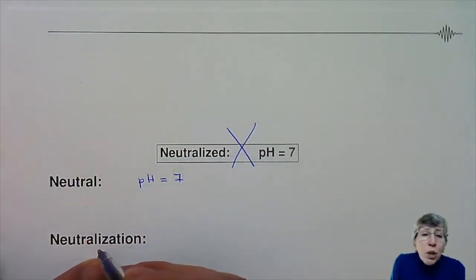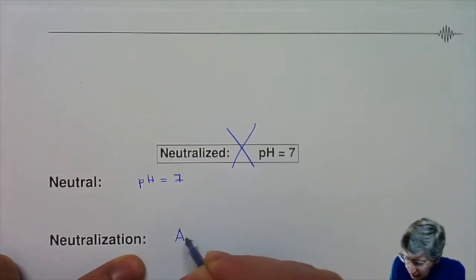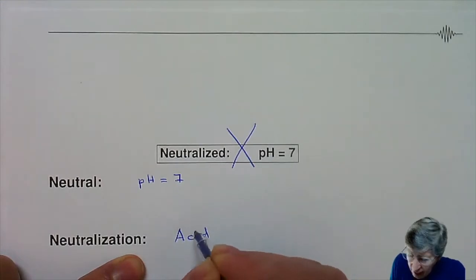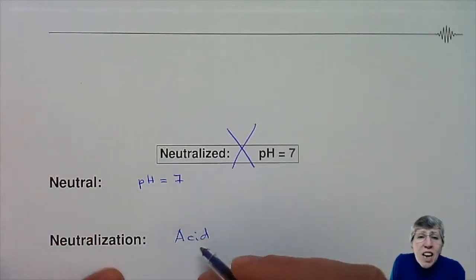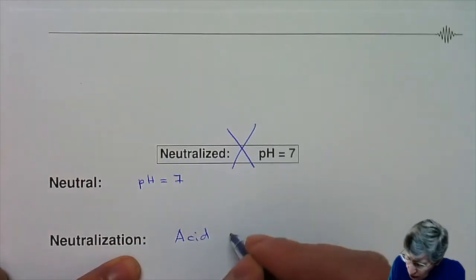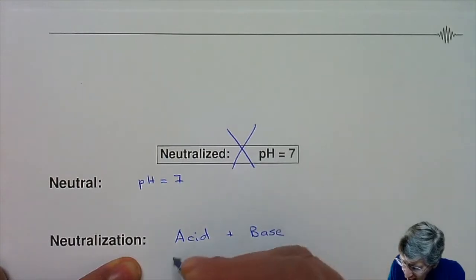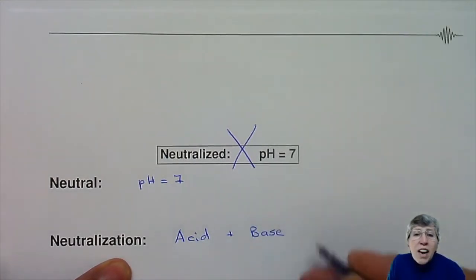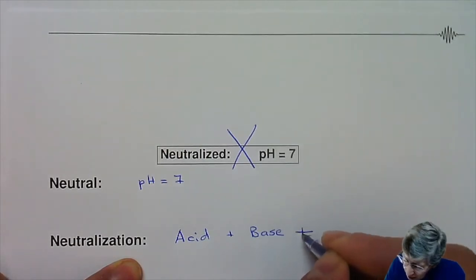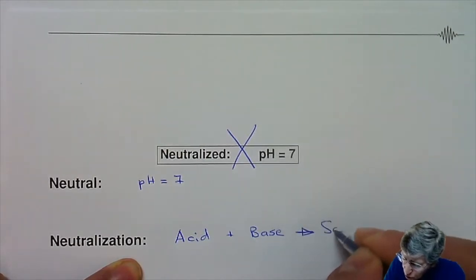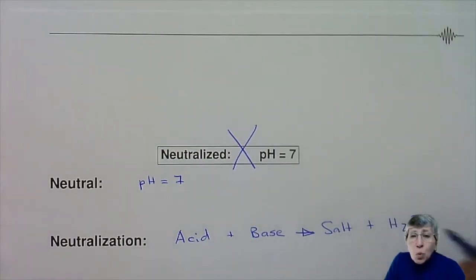Then we have a word called neutralization, and that is when you've got an acid, and an acid can be very corrosive and you want to neutralize that. It means you react it with a base. So whenever you have a neutralization reaction, it's just a reaction of the acid and the base. And you will remember that is always going to produce salt and water.